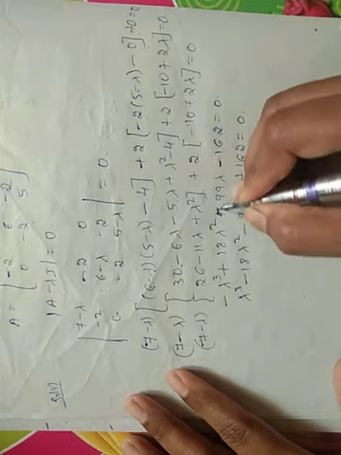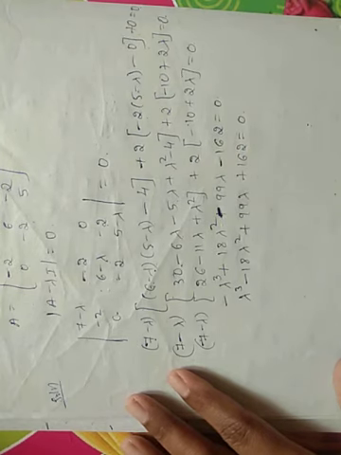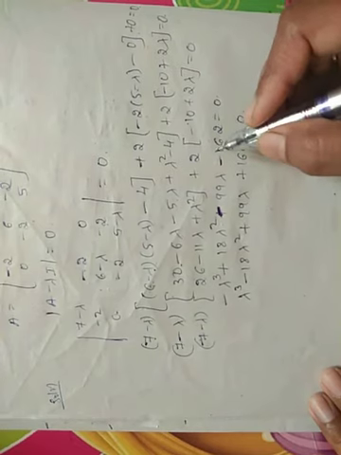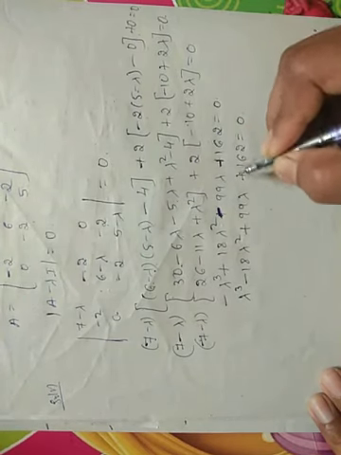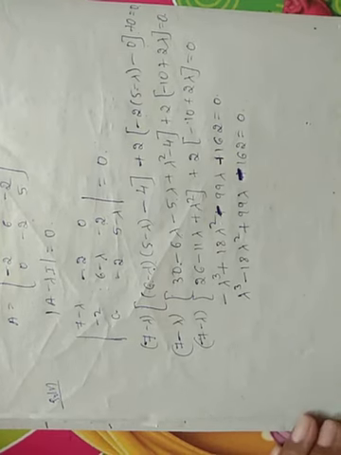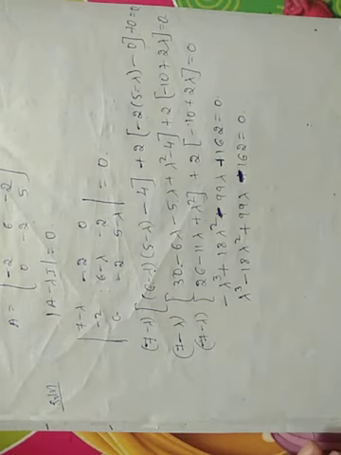Sorry, here it is plus 99 lambda. So that is the characteristic equation: lambda cube minus 18 lambda square plus 99 lambda minus 162 equal to 0.